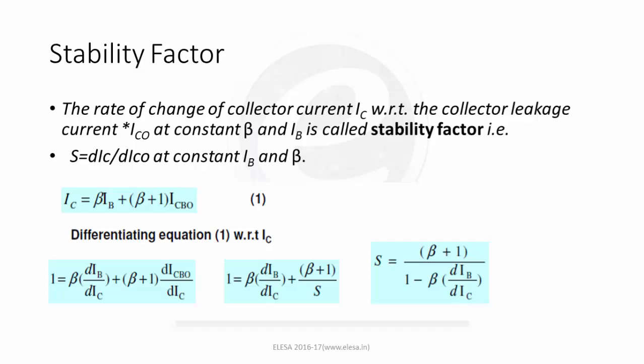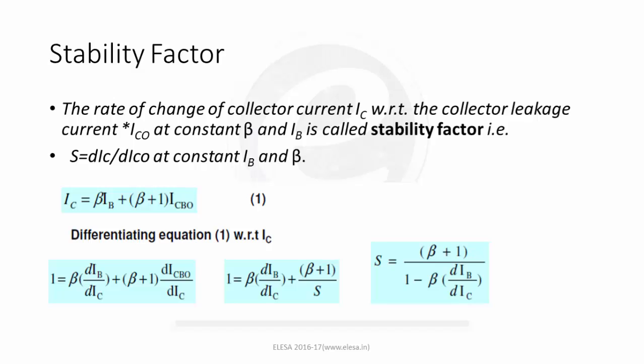So what is ICO? ICO is the reverse leakage current flowing through the collector to base junction of a transistor when the emitter terminal is open. By definition, stability factor S is the rate of change of collector current with respect to leakage current at constant beta and IB.